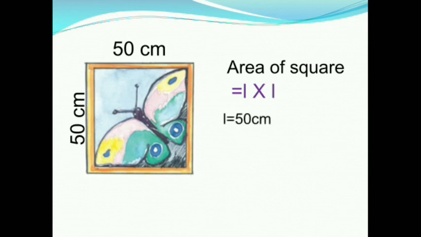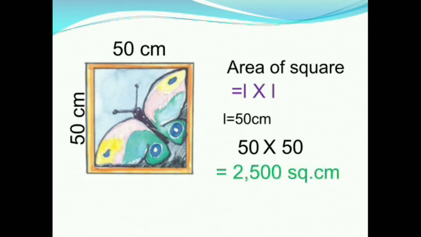Yes, length is equal to 50 centimeter. Now we should multiply 50 by 50. What is 50 into 50? Yes, 2500. Therefore, area of this figure is 2500 square centimeter.